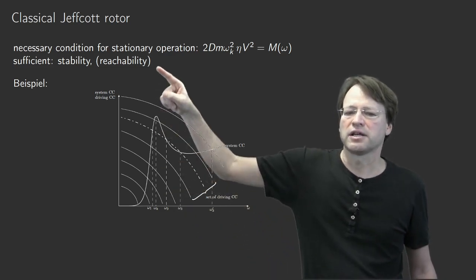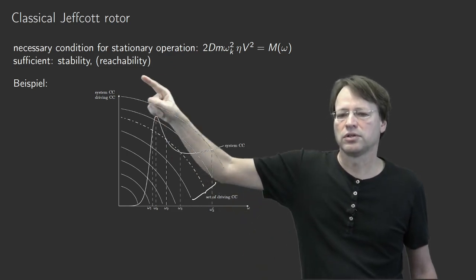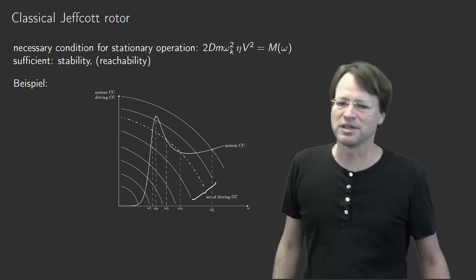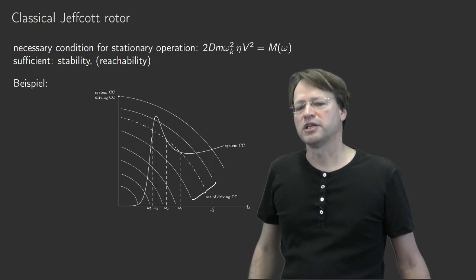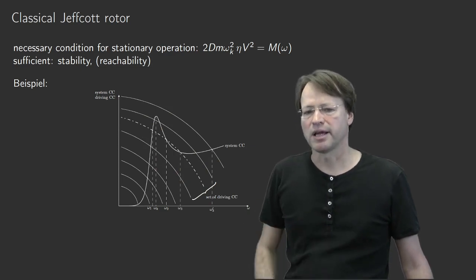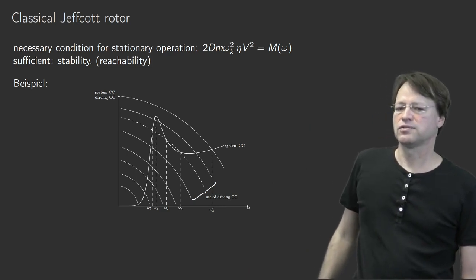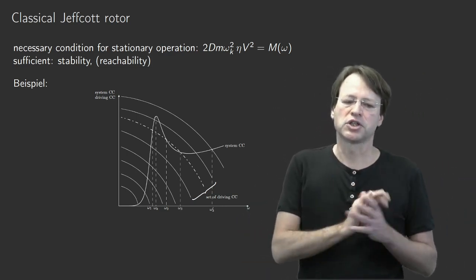Well, this was a necessary condition. Now a sufficient condition: the operational point must be stable and it must be reachable. And I will explain in the next few lines what stability and reachability mean.